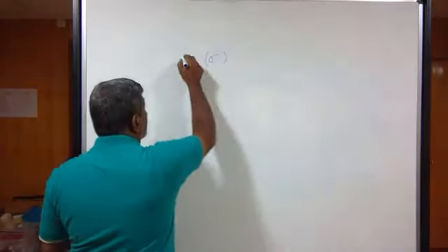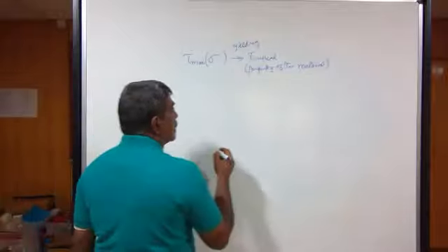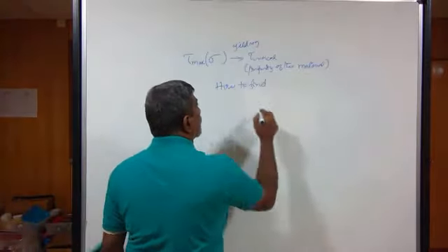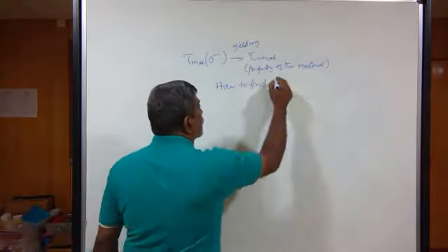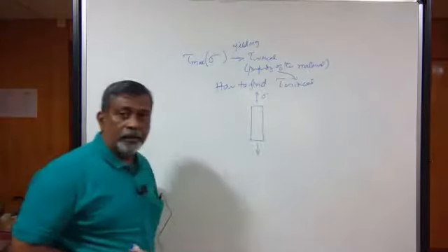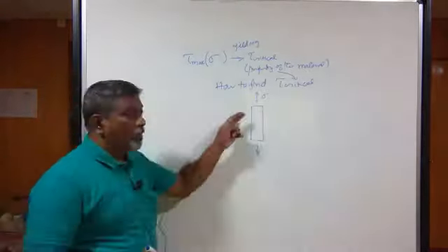Right? Now, let's look at how to find out tau critical, which is the property of the material. Okay. I need to conduct a test. Let's say I conduct a tension test. I apply a tensile stress sigma to a bar like this, and this is a ductile material. What could happen?